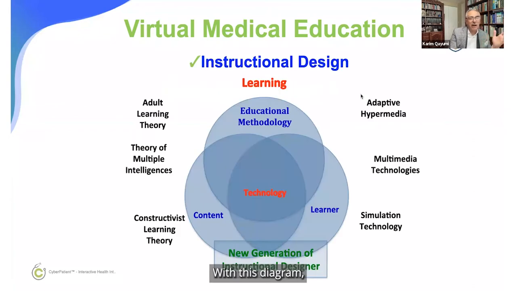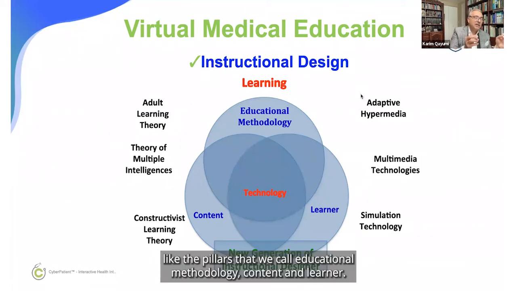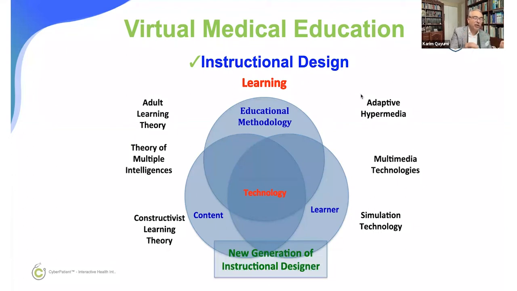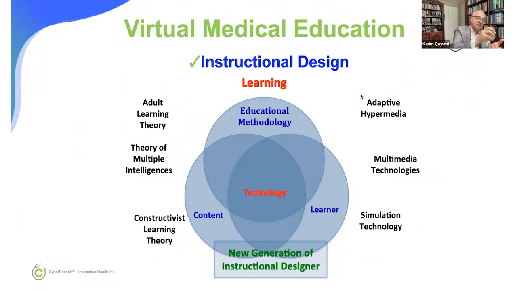With this diagram, I try to make sure that you understand how these relate to each other. Like the pillars that we call educational methodology, content, and learner, but technology is in the center of this.